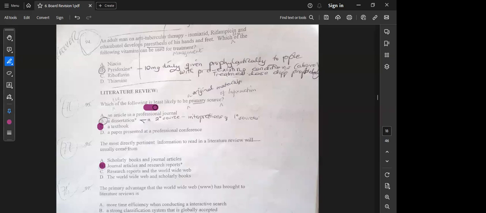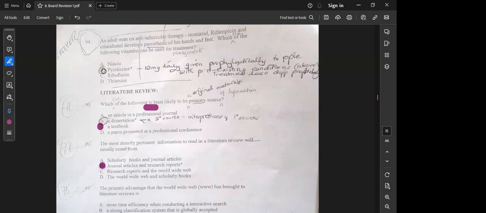All right. Moving on. An adult man on antitubercular therapy, isoniazid, rifampicin, and ethambutol developed paresthesia of his hands and feet. Which of the following vitamins can be used for treatment? I think that's also another obvious one. You've covered tuberculosis extensively. It's pyridoxine.